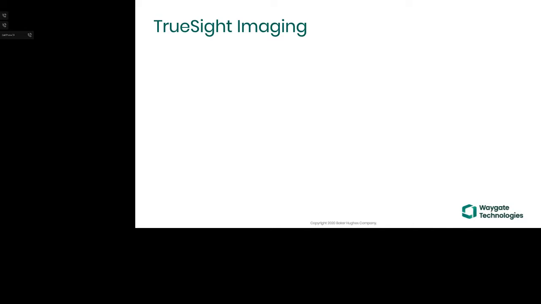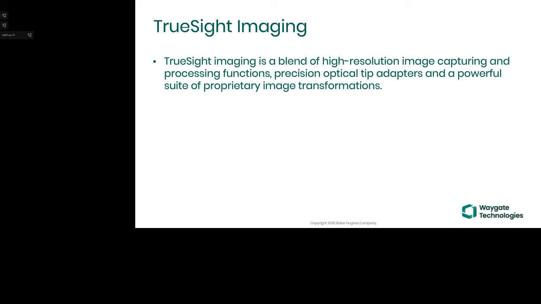So with that, I'm going to start talking about TrueSight Imaging, and you may wonder why we call it TrueSight. There are a lot of video borescopes out there, and they have lighting, they have cameras, some of them articulate, and not all of them pull that together. It's a combination of technology that we've created and bundled into this TrueSight Imaging package, where it's not only a super high resolution camera and not only precision made optics that we manufacture ourselves, but it's also a powerful suite of proprietary image transformations.